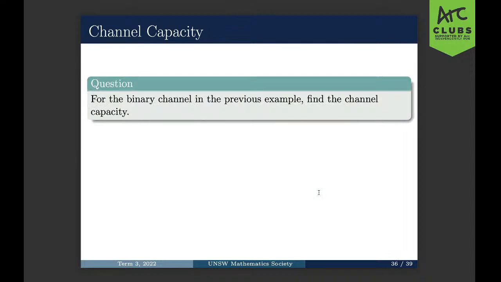So here's a question, just to show you how to find channel capacities. The question is, for the binary channel we had before, find the channel capacity.